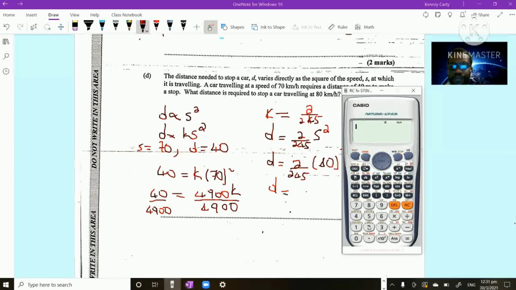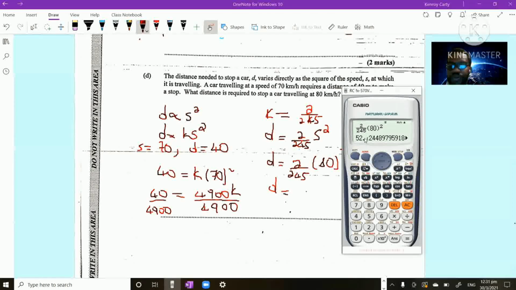So I'm going to have 2 over 245, right? Space, open bracket. I'm going to put 80 in a bracket here, and I'm going to square that and press equal. All right, so that's what we get here. But we don't want this distance as an improper fraction, right? There are certain things that are better when they're placed as a decimal, or you understand them better.